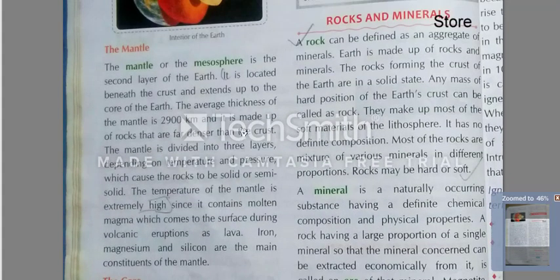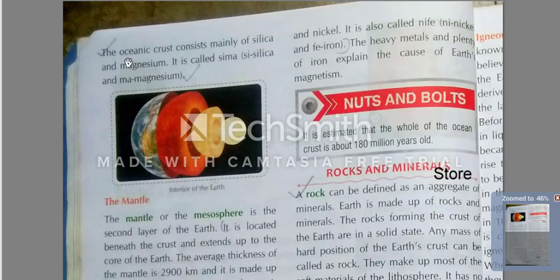And in this we talked about sima, silica and magnesium, and nife, nickel and iron. Here you can see they have a proportion of mixing of composition. They have a proper proportion.